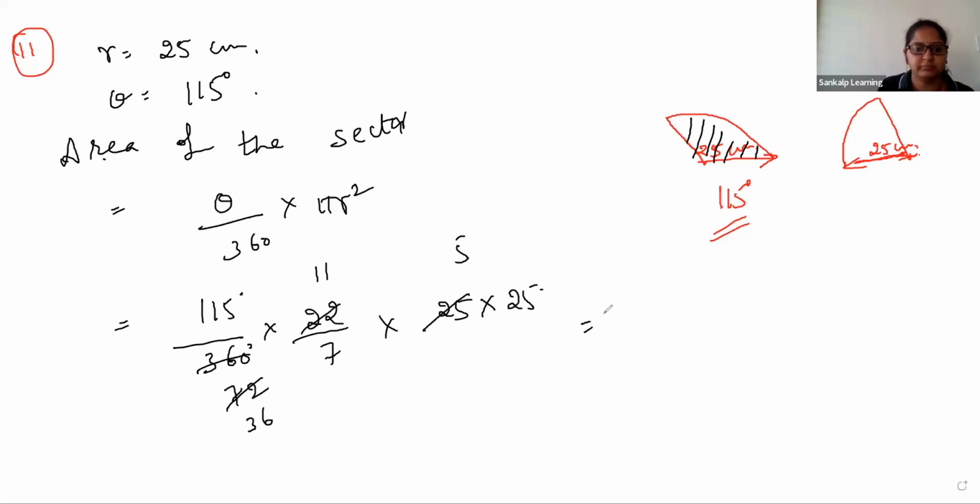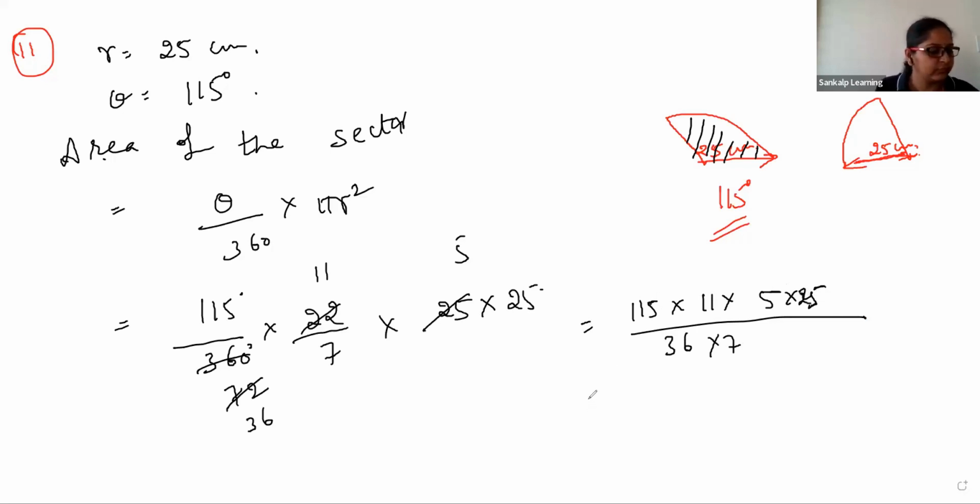That is equal to, see, we have 115 into 11 into 5 into 25 by 36 into 7. So that is equal to 158,125. If you multiply all, we get this answer divided by 252. So that is equal to, write the answer, children.